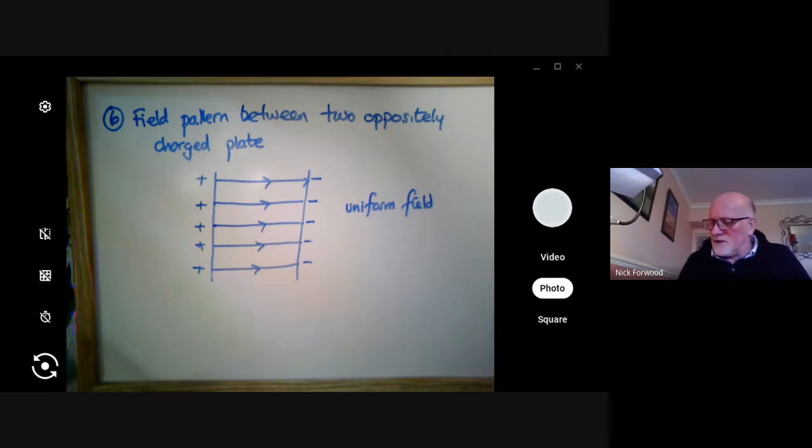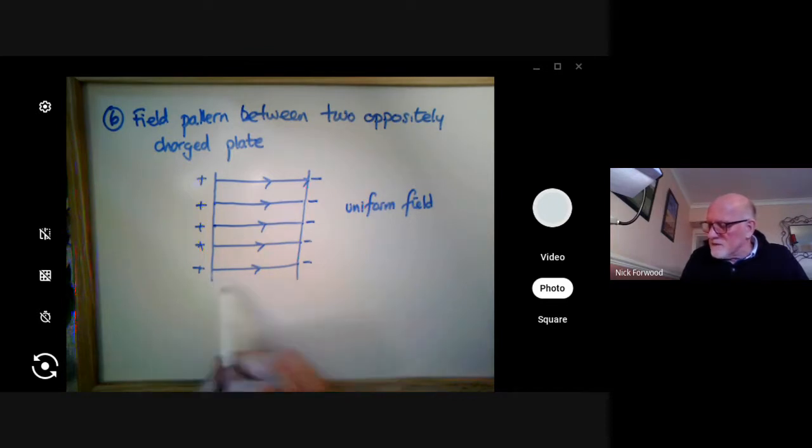Now, in the learning outcomes, it tells you about something that you don't need to know about, and it's something called the end effects. It's a bit daft that they tell you you don't need to know about it, but then don't tell you what it is. So I'm going to draw in what's called the end effects and then tell you you don't need to do this. The end effects are what happens to the field at the ends of these plates.